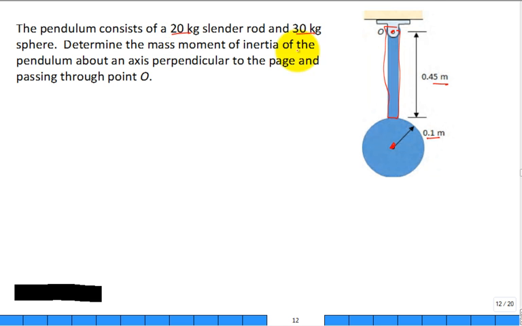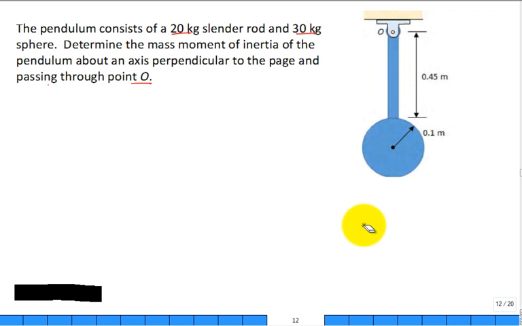Determine the mass moment of inertia of the pendulum about an axis perpendicular to the page. So it looks like point O on our illustration. That's an axis passing through the point O. There you go. So what I want to do is give you a second. How would you attack it?